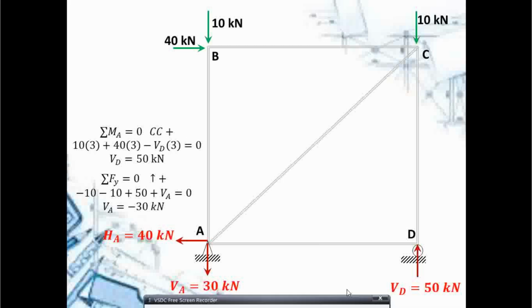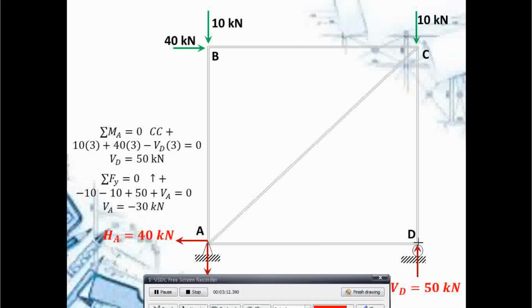Now, if I'm going to use method of joints, I'll take joint D. So, at D, there are CD and AD. When I isolate it, as you can see here, if I take summation of forces along the y-axis, VD is upward, so to counteract that VD, CD should be downward to zero out.